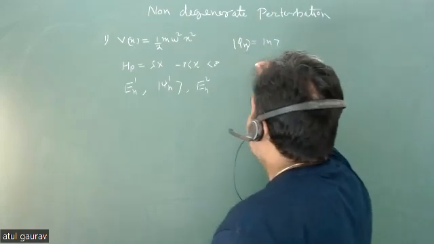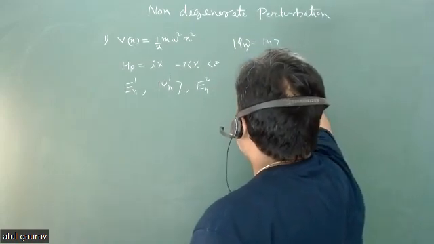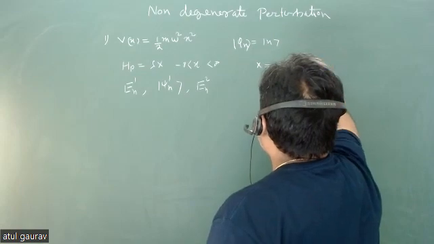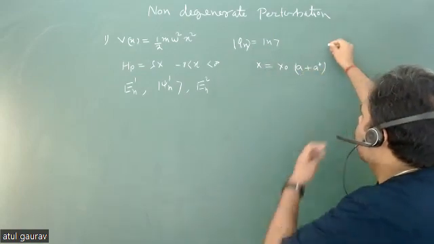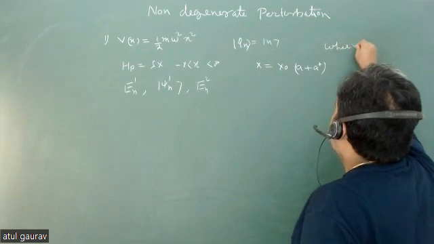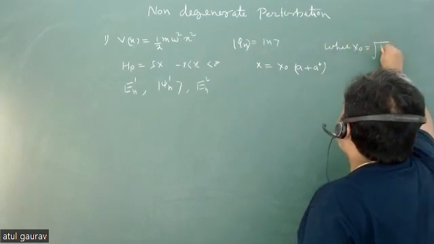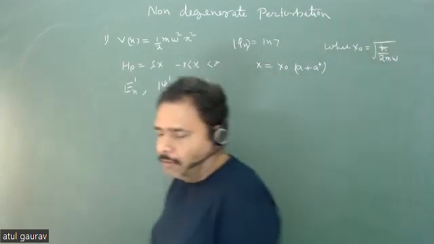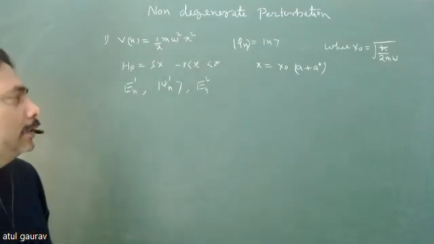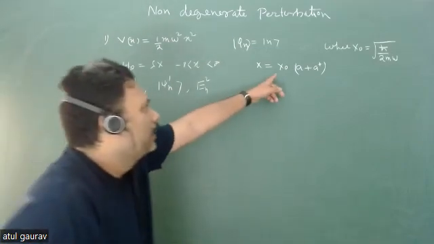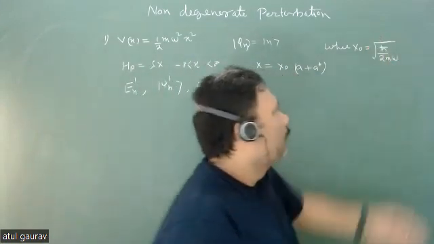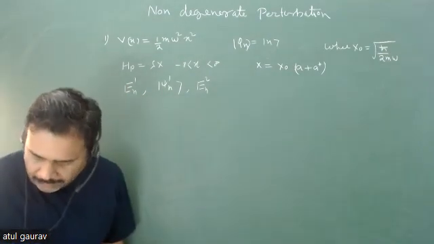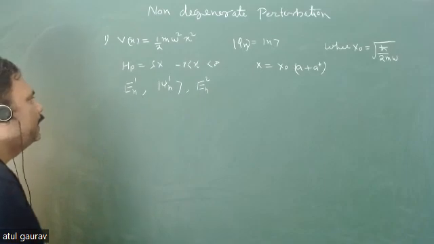And I can write my x operator as x naught (a plus a dagger), where x naught is equal to root under h cut upon 2m omega. We have learned all this during our discussion of the harmonic oscillator. I deliberately write x naught because every time you have to write this thing, it will take a lot of time. So let's go for our first finding, En1.